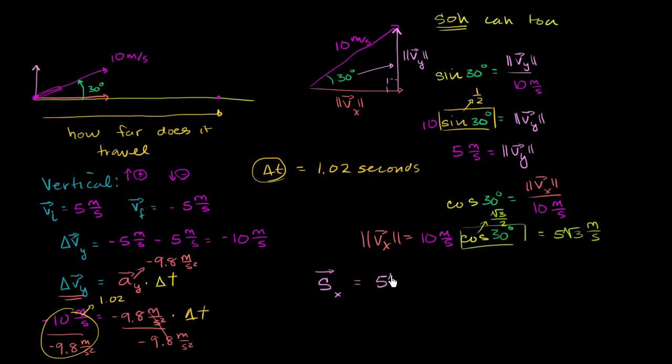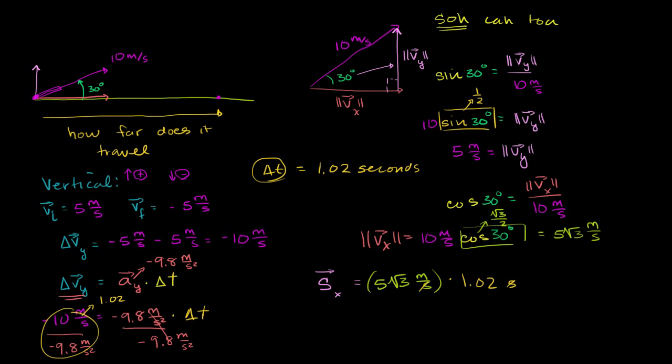It's going to be the 5 square roots of 3 meters per second times the change in time, times how long it is in the air. And we figured that out. It's 1.02 seconds. The seconds cancel out with seconds, and we'll get an answer in meters.